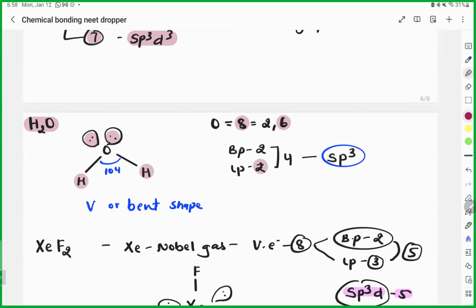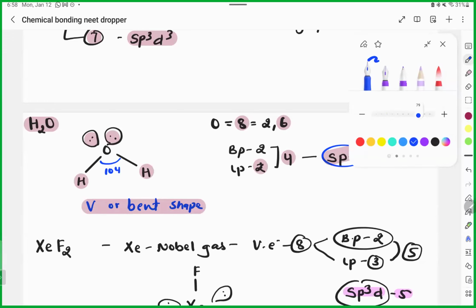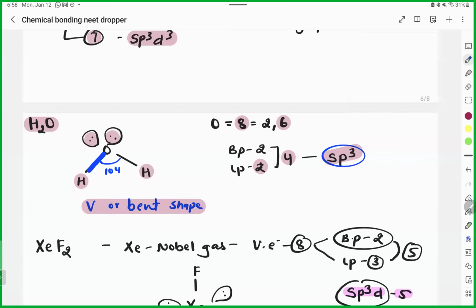When they form 2 lone pairs and 2 bond pairs, total number 4. Hybridization is still the same, but the angle will be different and the shape will be different. It should be tetrahedral, but 2 are not available, so they are forming a V shape or bent shape, as it looks like a V here. Right? So it is V shape or bent shape. Any doubt, guys?